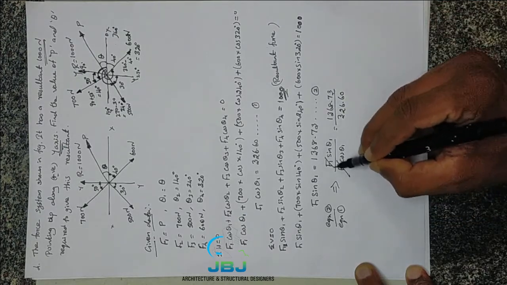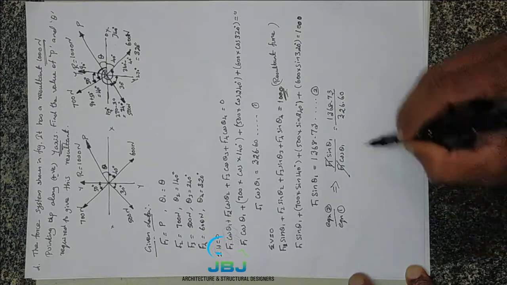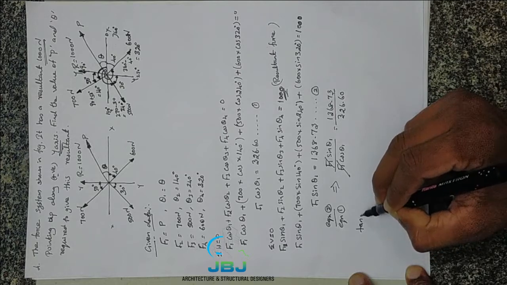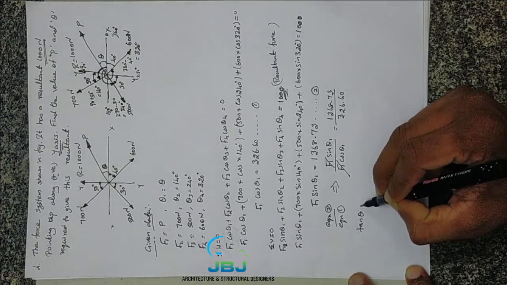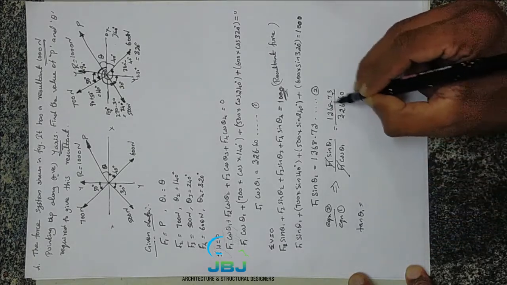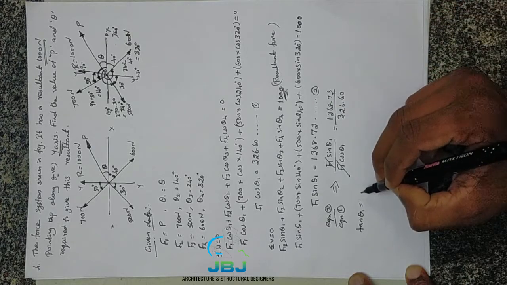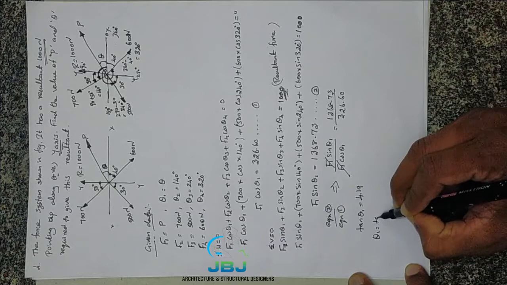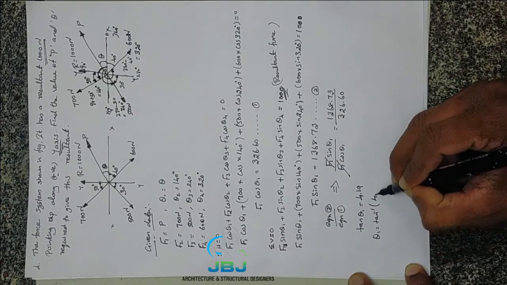You can cut this F1. Sin by cos theta equal to tan theta. So tan theta 1 equal to, when you divide, 4.19. So theta 1 equal to tan inverse 4.19.